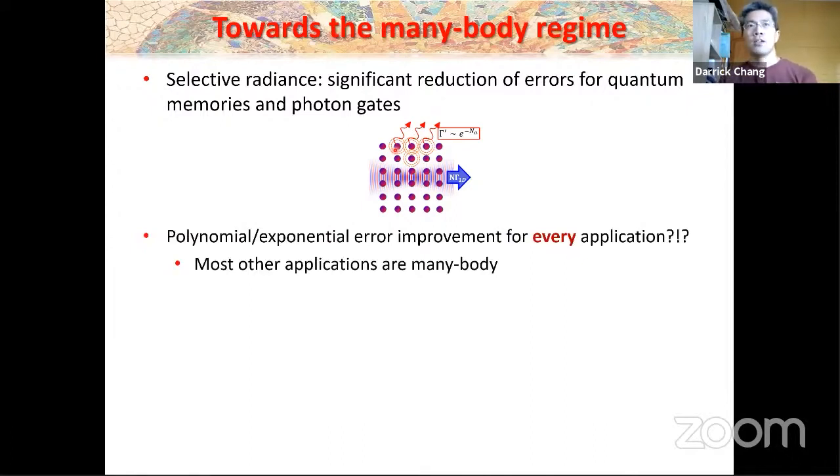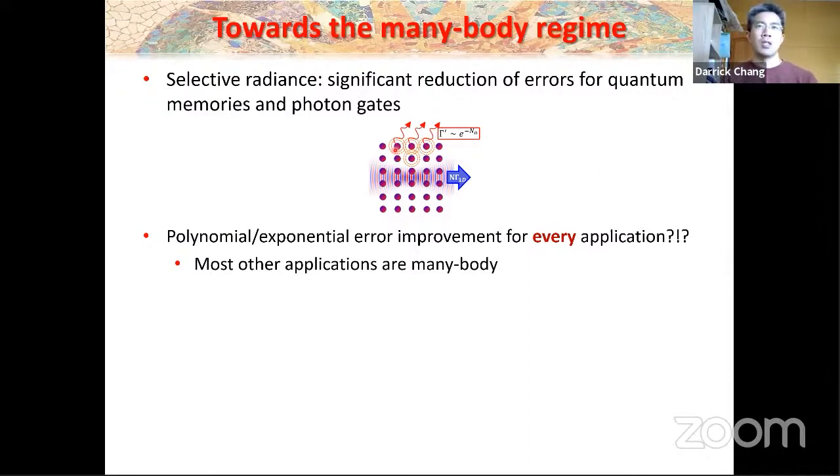So it's a little bit provocative, but maybe it's not a crazy hypothesis to think that just every application involving atoms and light can see some kind of polynomial or exponential improvement in errors if you explicitly try to exploit wave interference effects.